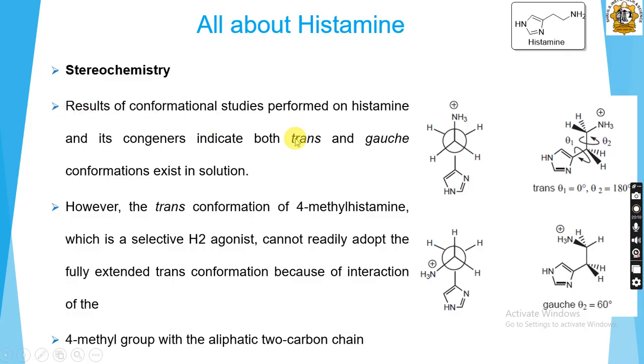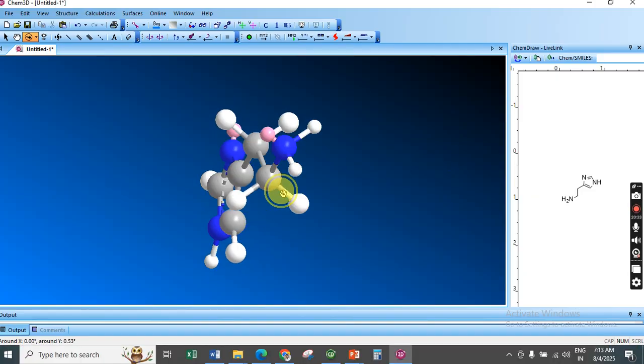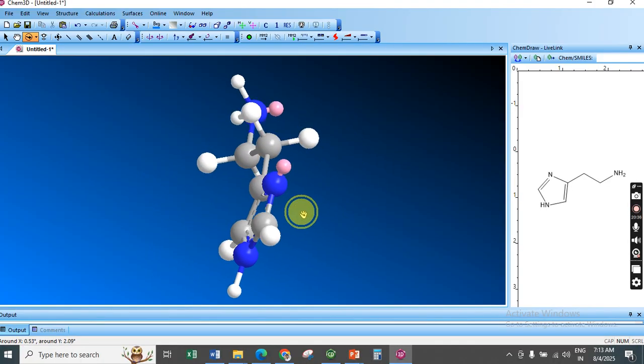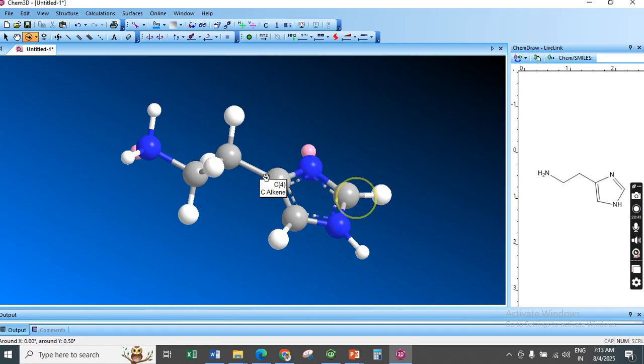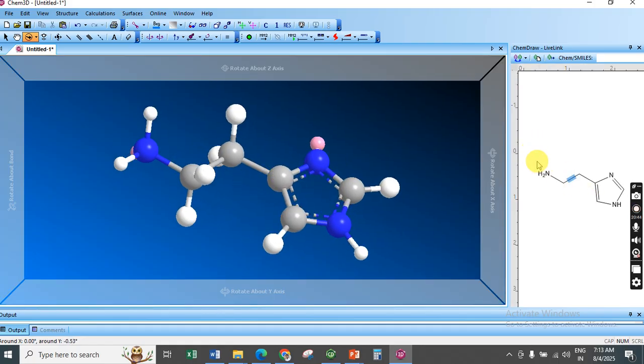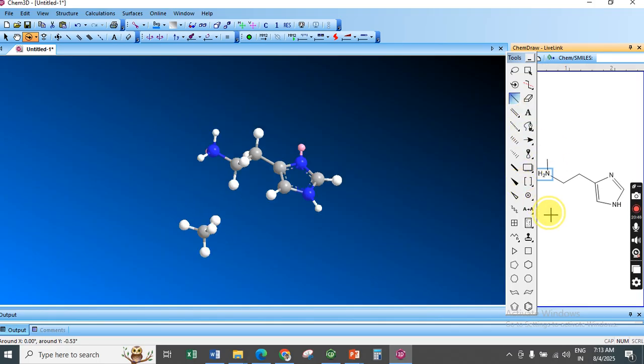So the results of conformation studies performed on histamine and its congeners indicate both trans and gauche conformations exist in solution. This is trans and this is gauche form. So NH2 is aligned towards this ring in one, and NH2 is aligned opposite to this ring in the other. As you might see here, this is just the opposite alignment.